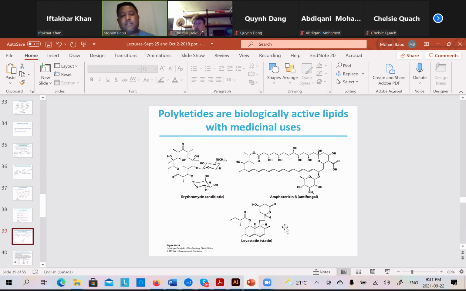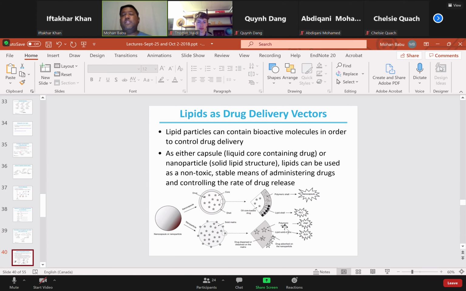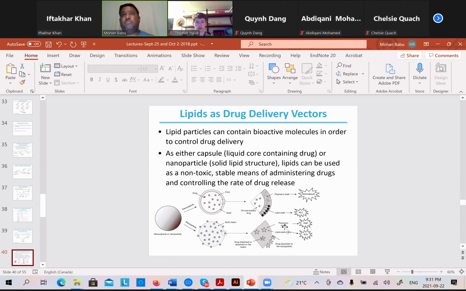All right. So now let's talk about how we can deliver the drugs. Lipids are a very good system to deliver drugs. They can be useful as bioactive molecules for drug delivery.